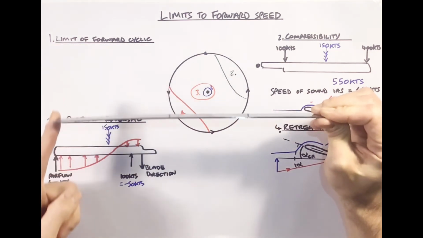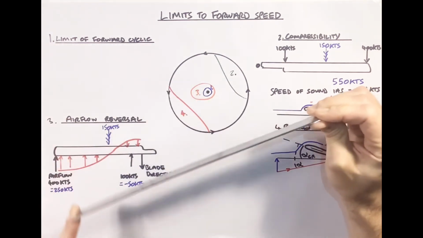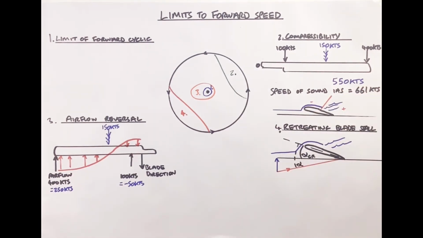So the fact that it's moving that much further means it's generating that much more rate of descent flow. If it's creating more rate of descent flow, then generally speaking, the relative airflow is going to be made a little bit steeper, which is going to create that critical angle of attack a little bit earlier.